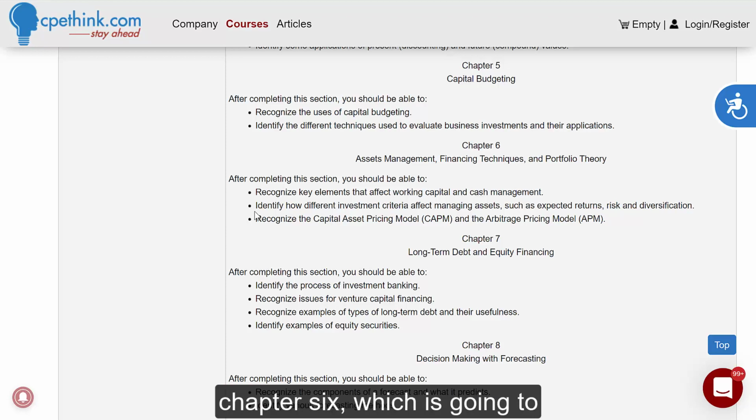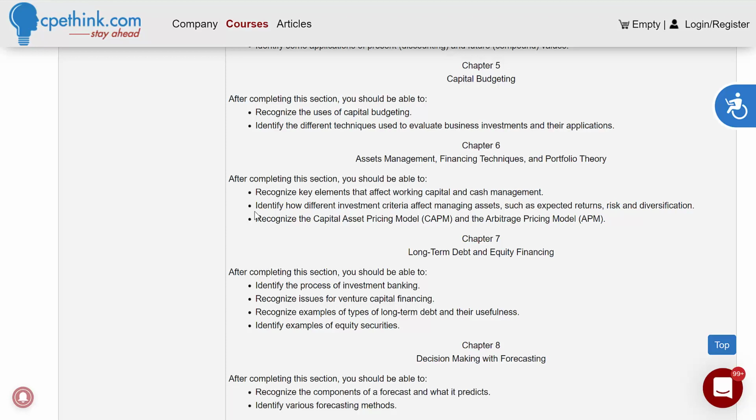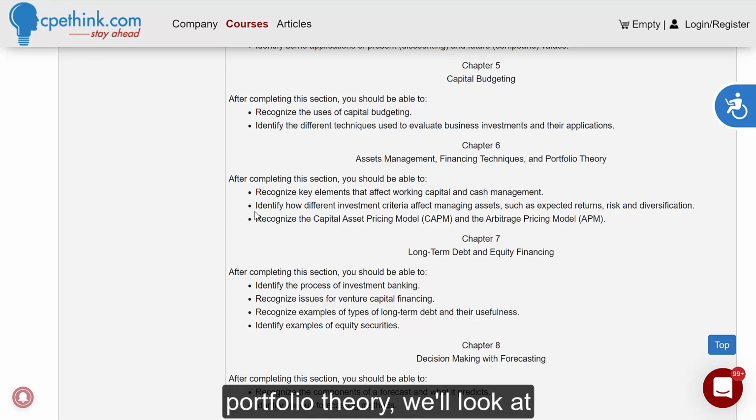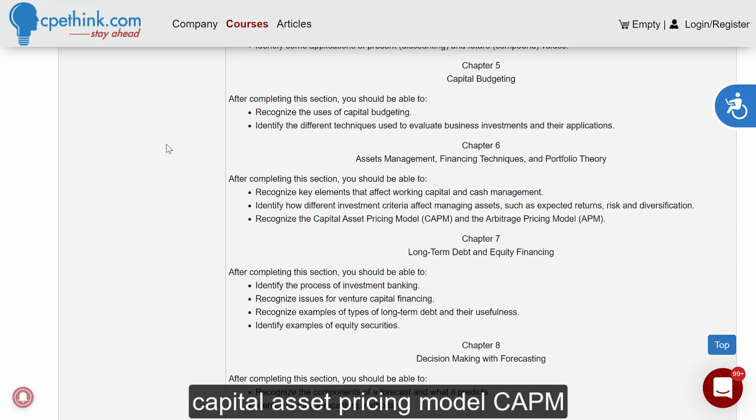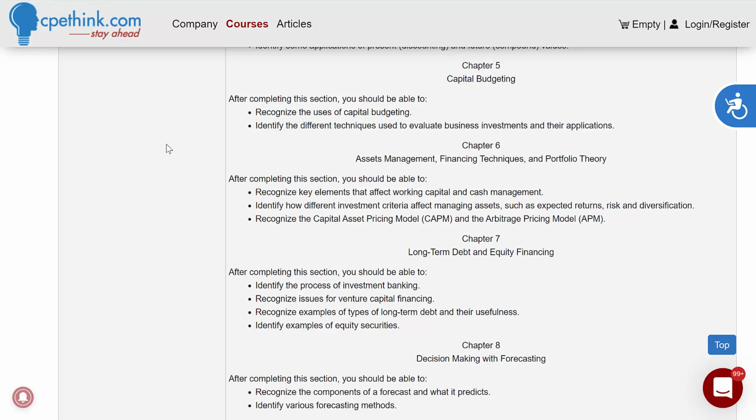In Chapter 6, which is going to be about asset management, financing techniques, and portfolio theory, we'll look at recognizing the key elements that affect working capital and cash management, identify how different investment criteria and managing assets, such as expected returns, risk, and diversification, recognize the capital asset pricing model, or CAPM, and the arbitrage pricing model, APM.